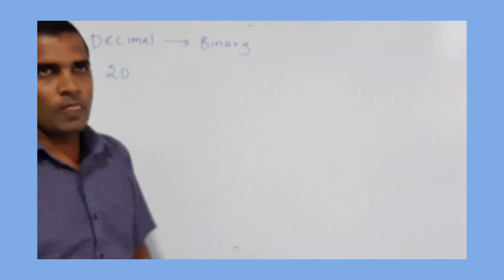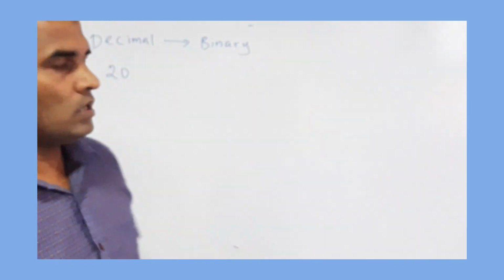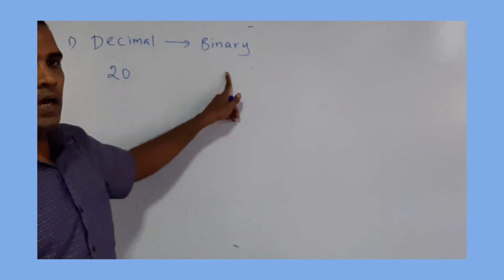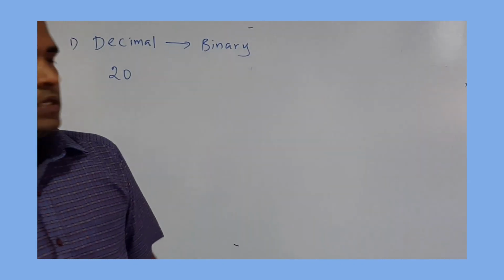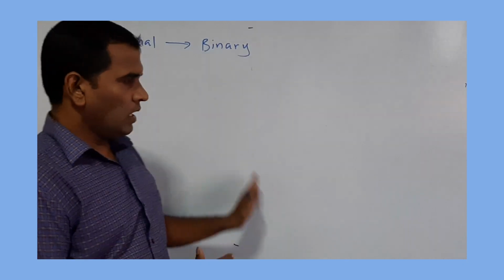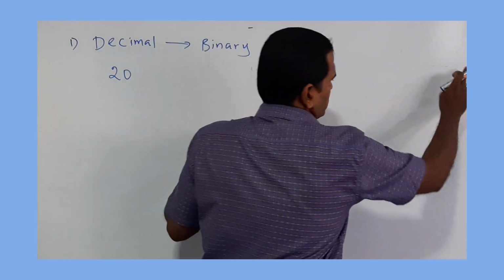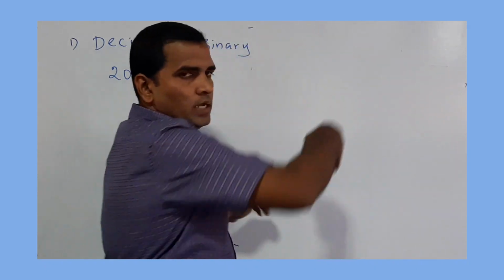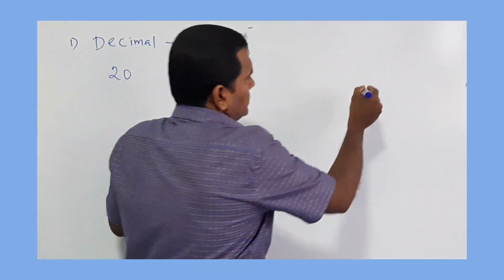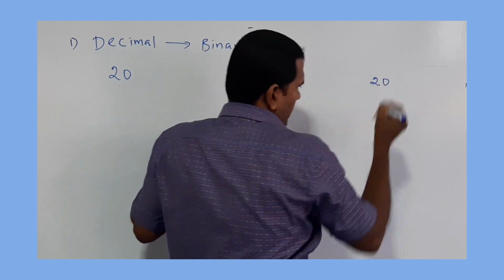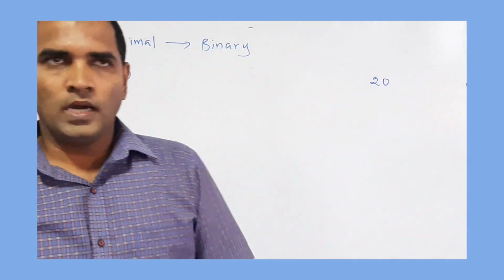To find out the equivalent value in binary for decimal 20, we have to do a simple calculation, a simple process. Have a look at this. I will write that calculation here. So this is 20. You have to find the binary.